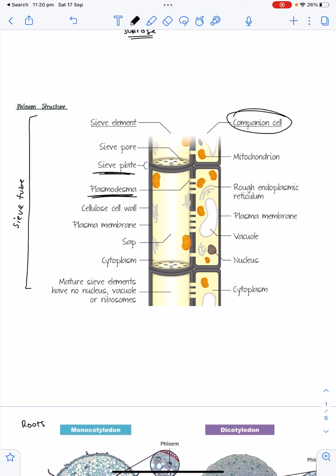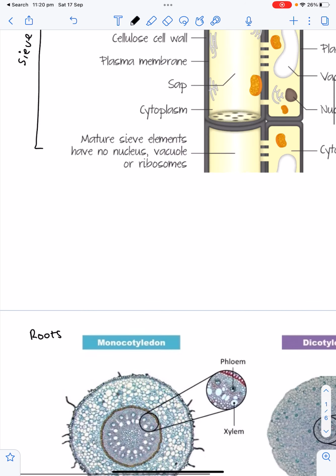For example, they have infolding plasma membranes to increase the surface area to volume ratio for faster material exchange. They also have many mitochondria to fuel the active transport of materials, because mitochondria, as we remember, produce ATP energy from glucose. So let me just write down the key main points.